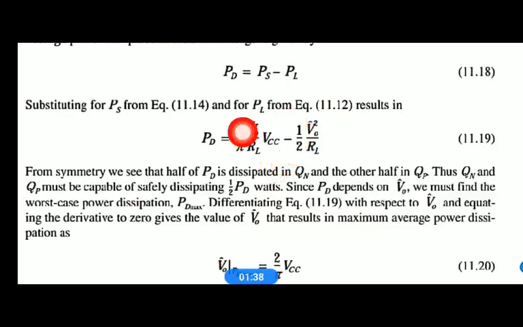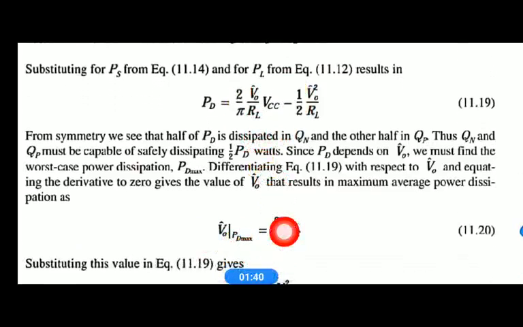So if you differentiate this, you will get V0 here, right? V0 is equal to 2 VCC by pi, which is the V0 at the maximum power dissipation.